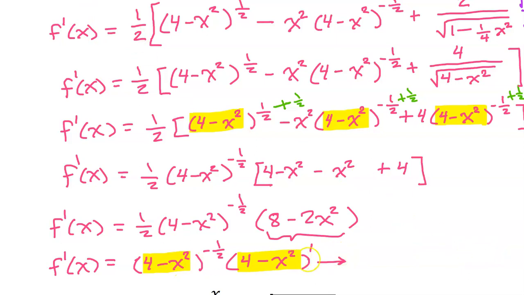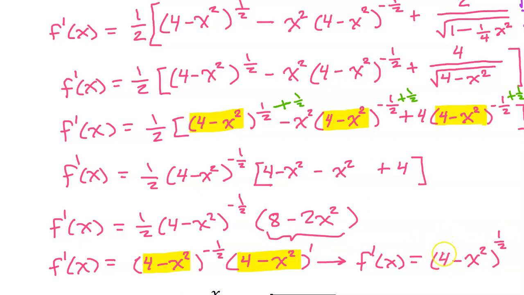I have the common base that I'm multiplying. So I'm going to keep that common base of 4 minus x squared, but I'm going to add the exponents. So this is going to be negative 1/2 plus 1 is 1/2.